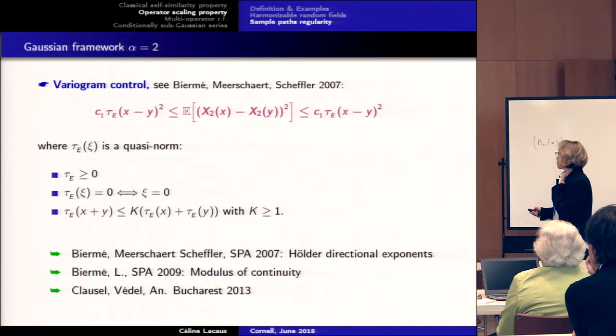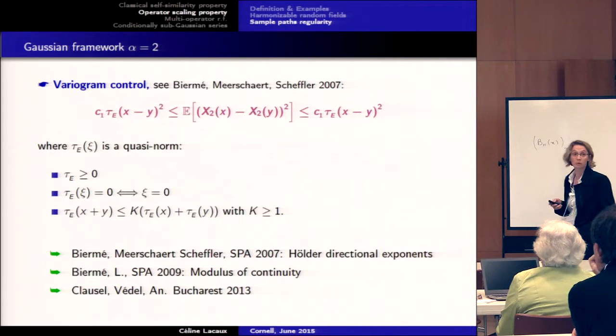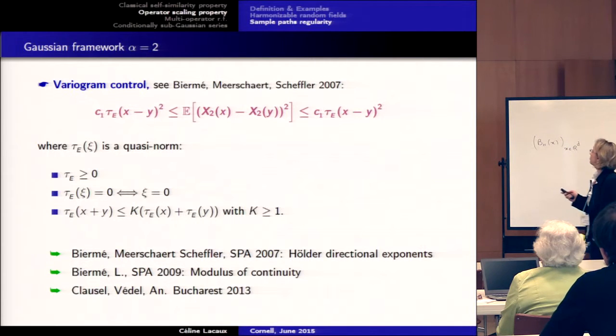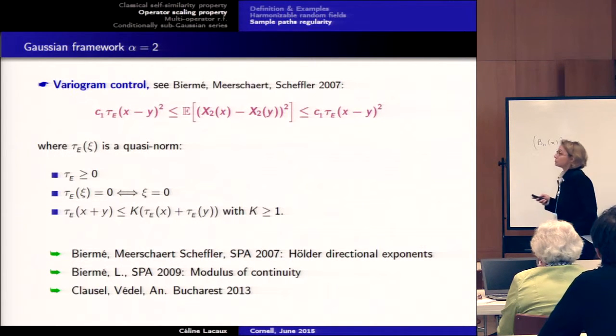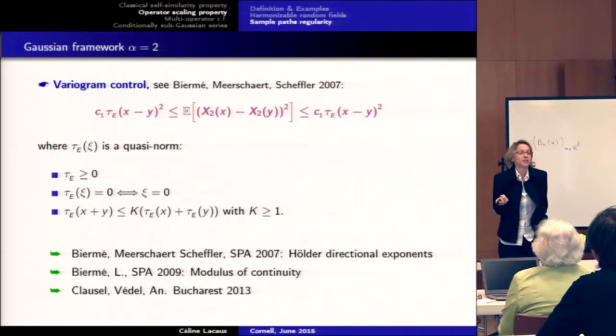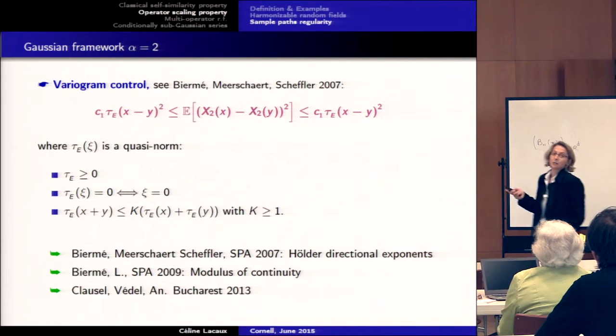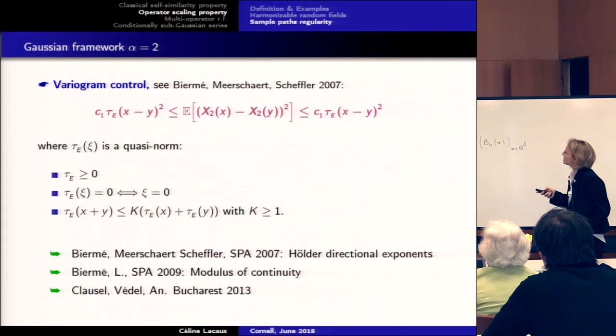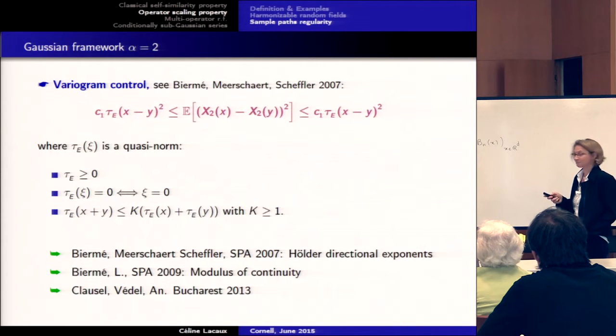In a later paper, we have obtained a modulus of continuity which improves the result, and there is also some result of Clausel and Vedel about the sample path regularity of the Gaussian case. So, as the Gaussian case is well known, I will speak more about the stable case.